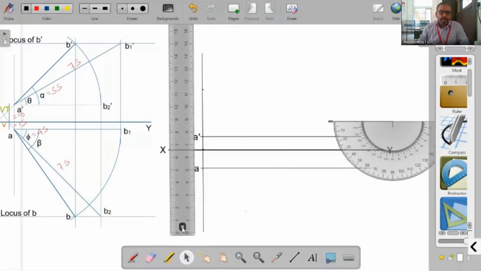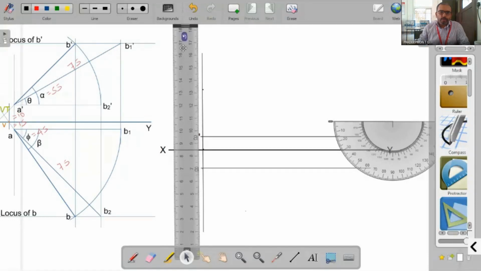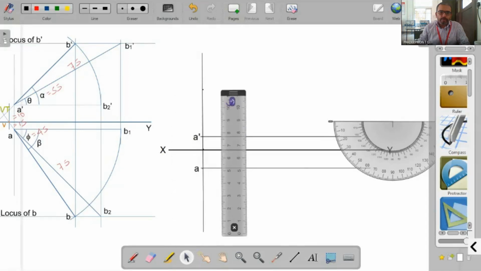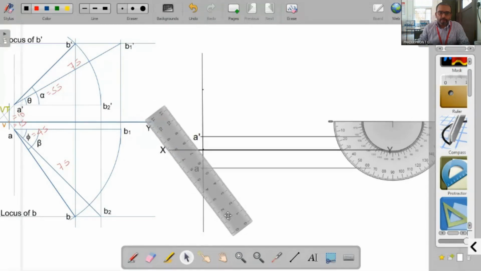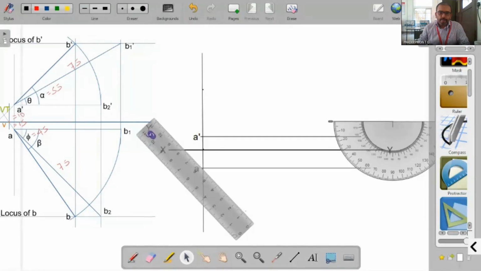Now I need to draw the length 7.5. You need to carefully draw that 7.5 centimeter, or 75 millimeter, length line. So that's drawn.